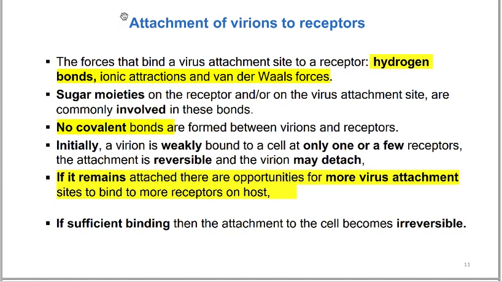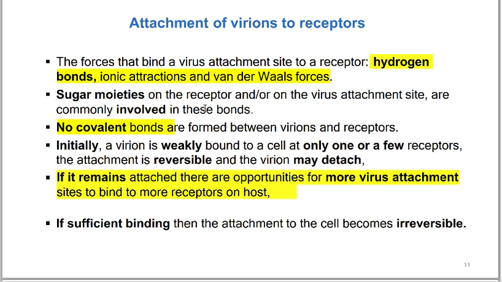Okay. So the forces that bind the virus attachment site to a receptor might be hydrogen bonds or ionic attractions or van der Waals forces. Sugar moieties on the receptor or on the viral attachment site are commonly involved in those bond formations.